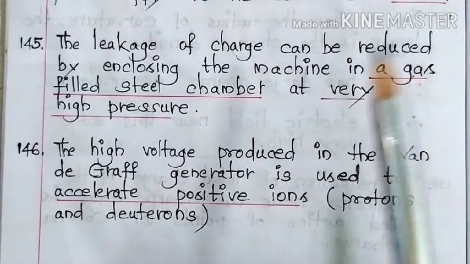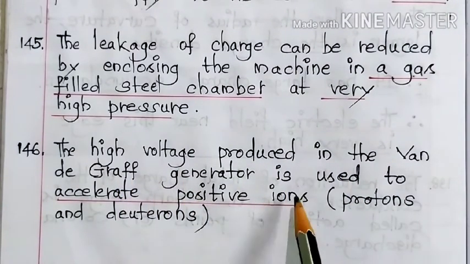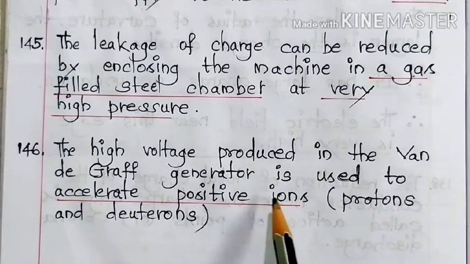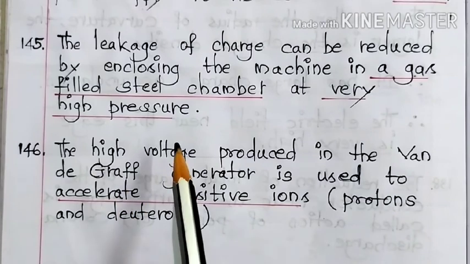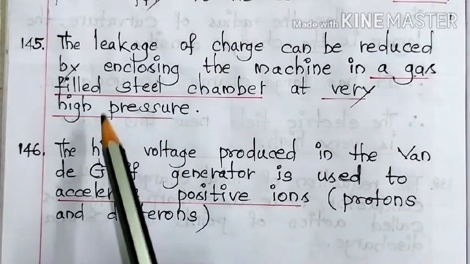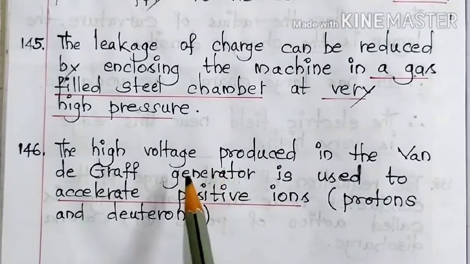Next one, the high voltage produced in the Van de Graaff generator is used to accelerate positive ions, that is protons and neutrons. You may come across a spherical structure in the Van de Graaff generator. On its surface only positive charges get accumulated.